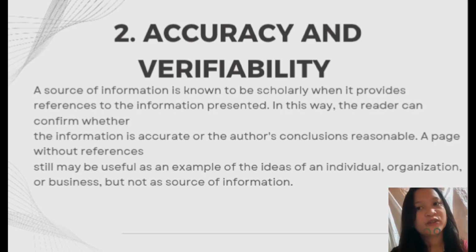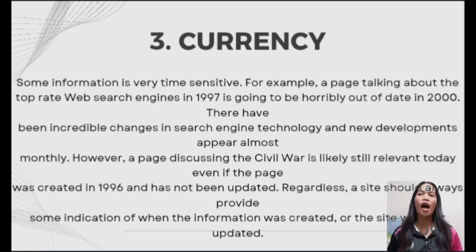A page without references may still be useful as an example of the ideas of an individual, organization, or business, but not as a source of information. So accuracy and verifiability refers to whether the information is correct and whether it can be checked or proven using a reliable source.